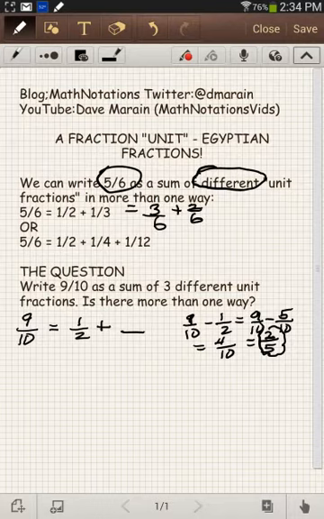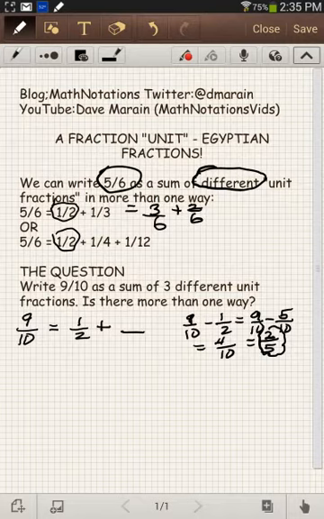Now, how does one go about decomposing or breaking a fraction into unit fractions? Guess and test? Certainly we can have students do that. Starting with 1/2, does that make sense? In both cases, 1/2 is less than 5/6, so it seems reasonable to start with that.